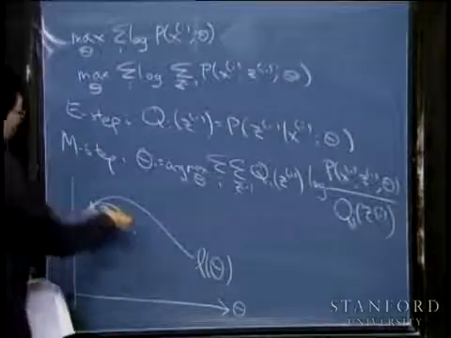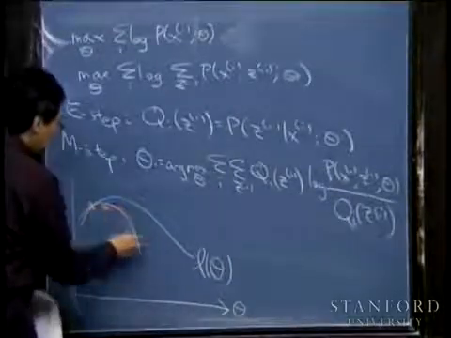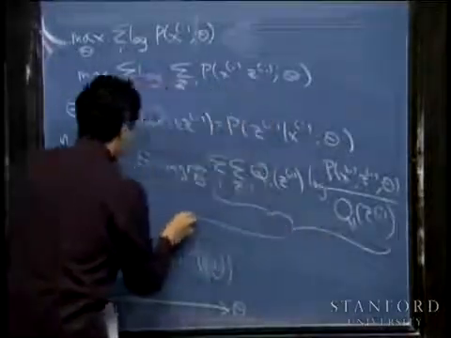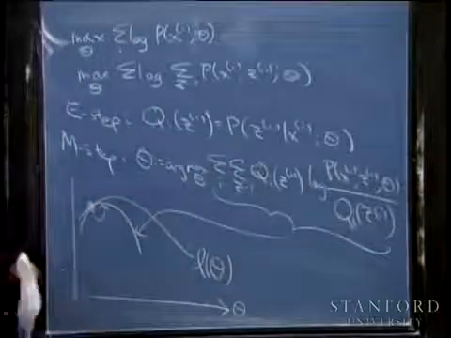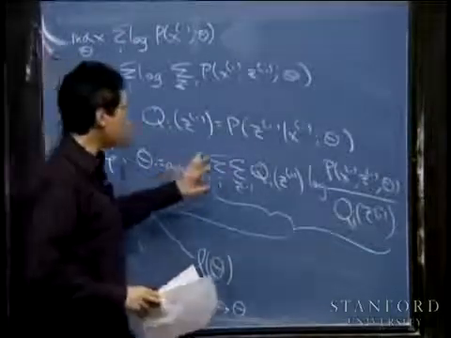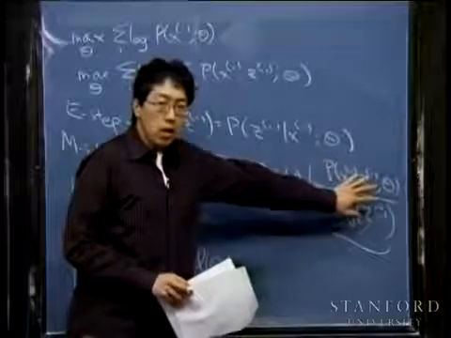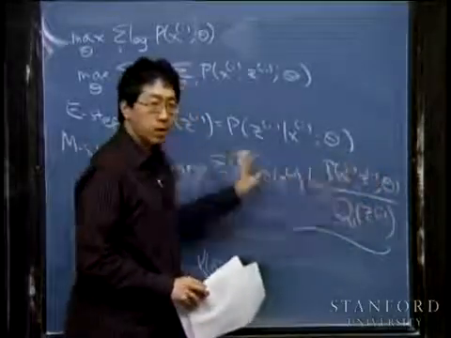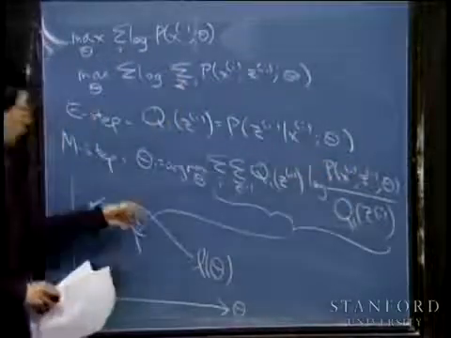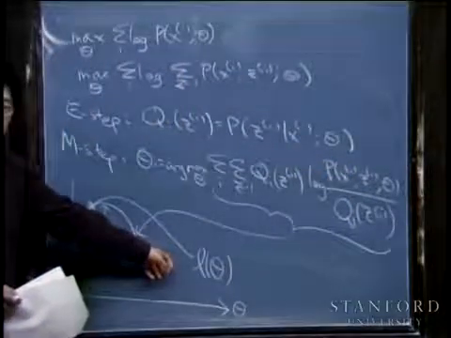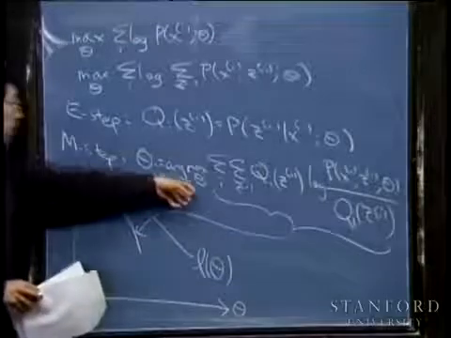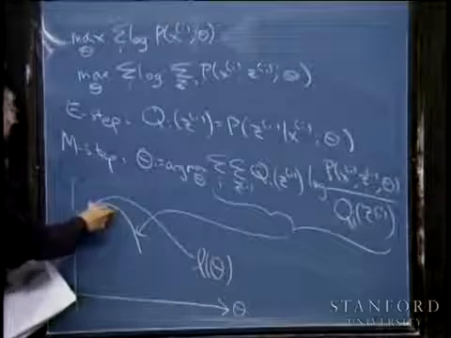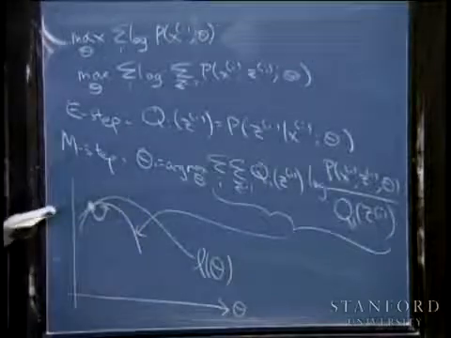This little curve here, this lower bound function, is really the right hand side of that argmax. So if you view the whole thing in the argmax as a function of theta, this function of theta is a lower bound for the log likelihood of theta. And so in the M step, we maximize this lower bound, and that corresponds to jumping to this new maximum of the lower bound.